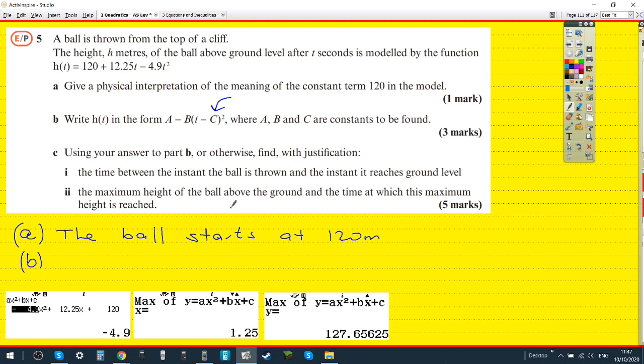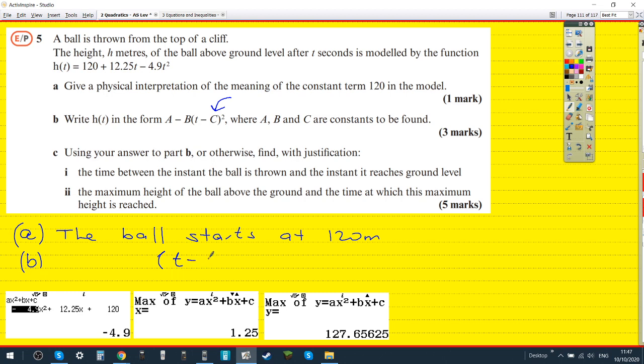That's in the bracket next to the T. So do the maximum of x. So B would be the maximum of y. No. So it'd be T minus 127.66, right?